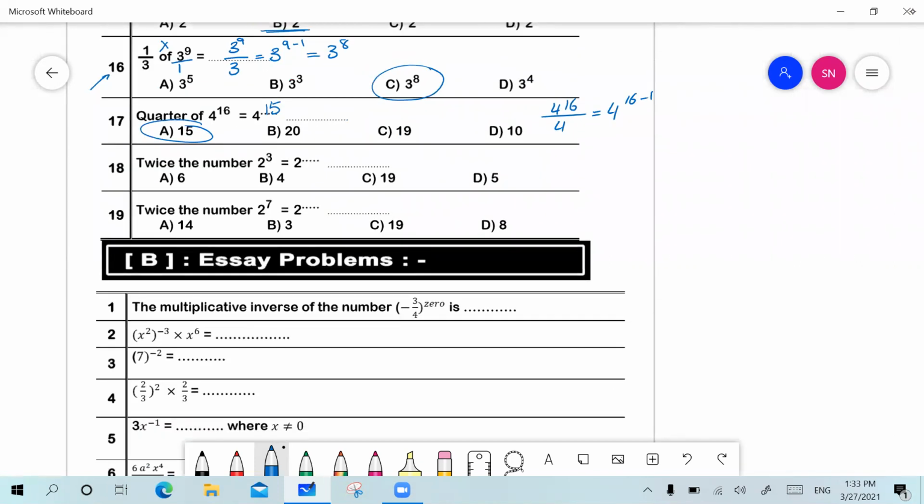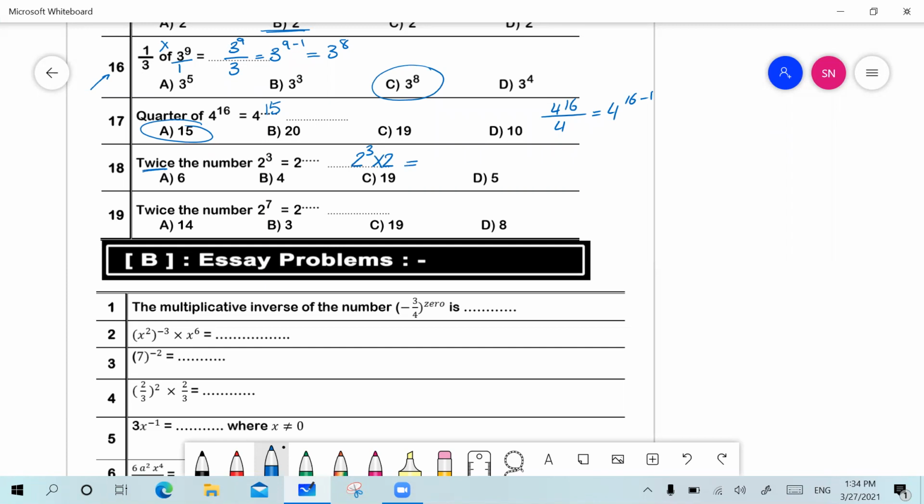Number 18, twice the number 3 to the power of 2 equals 2 to the power of... To the power of 6, because I'm going to multiply them. Wait, one second, I need to take twice. What does twice mean? It means 2 times, right? Yes. So I'm making 2 to the power of 3 times 2.